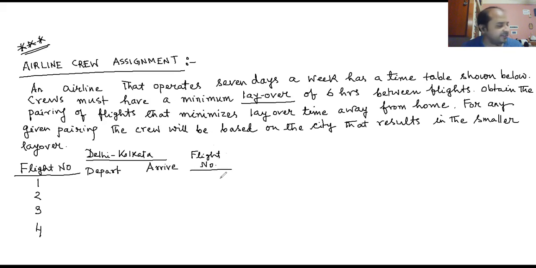This is one of my favorite problems because I can relate it to the practical picture. And we have Kolkata to Delhi. After the problem is done, it is going to become your favorite problem too.